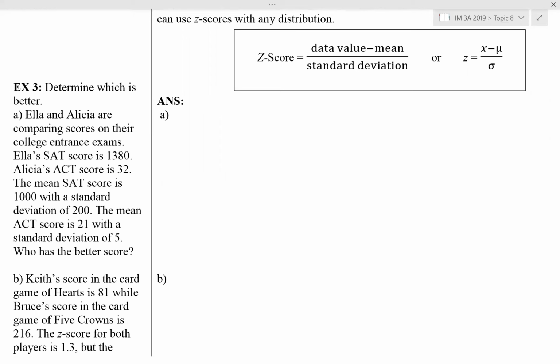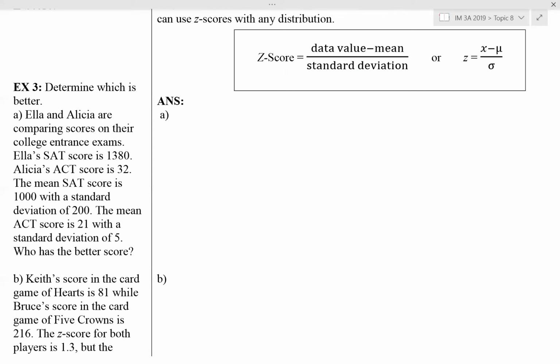With Z-scores, I'm able to compare apples to oranges. What I mean is if I'm taking the SAT and you're taking the ACT and we want to see who did better, we can do that if we know the average and the standard deviation of those tests. Then we can see who did better compared to the rest of the students that took the test.